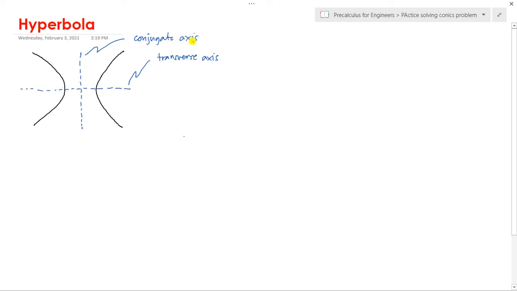Okay, so unlike the ellipse, there is no assurance that the transverse axis is always longer than the conjugate axis, because there are times when the conjugate axis is longer than the transverse.